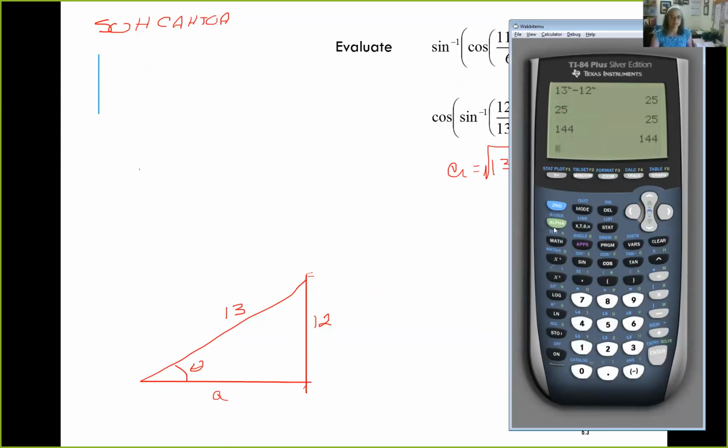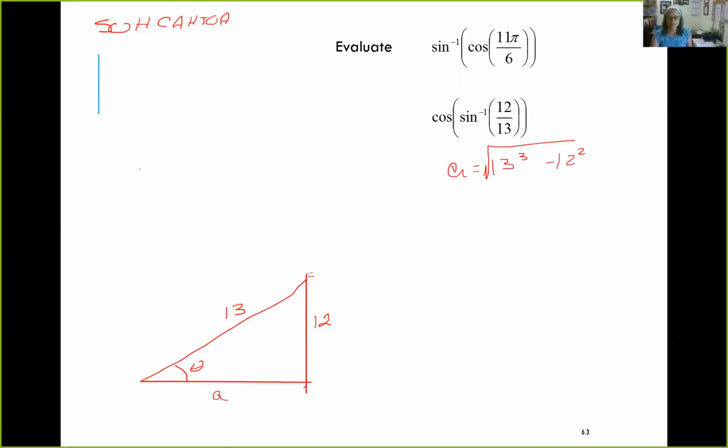And let's take the square root of 169. Yes. So this side length down here is 5. So now what is the cosine of this same angle?